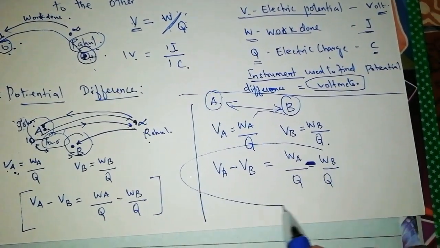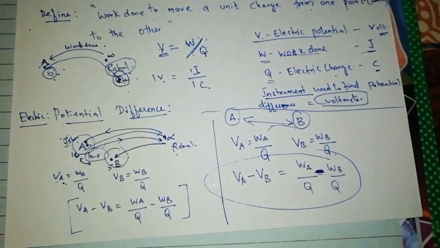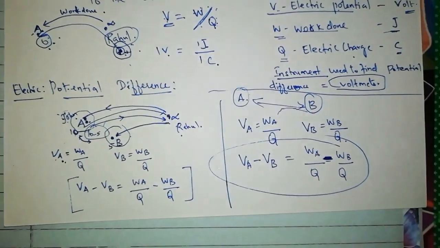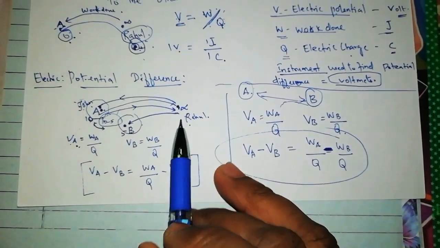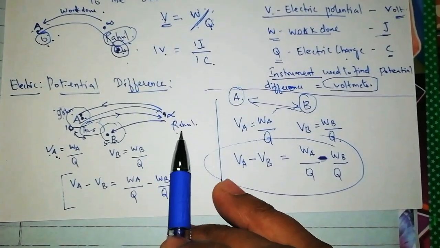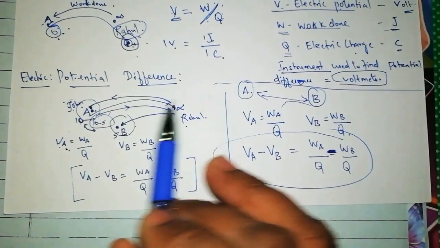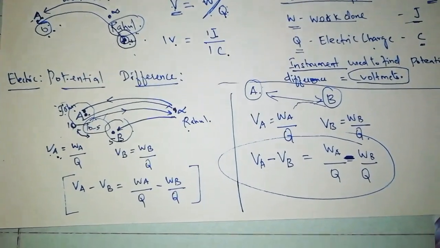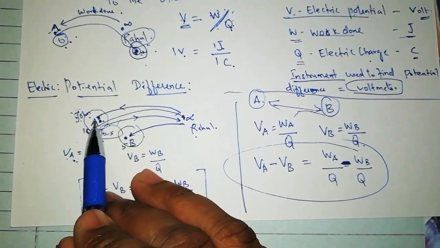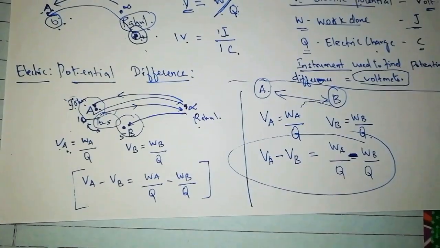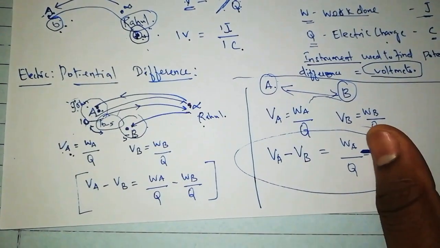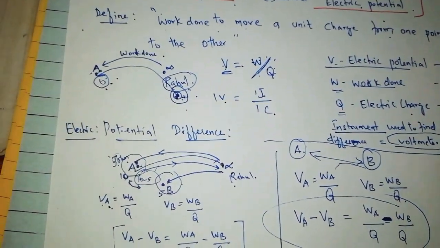So this is what is said to be a potential difference. You can see the two are not the same, the first time Rahul brings the charge and the second time he brings the charge. I hope you understand this potential difference.